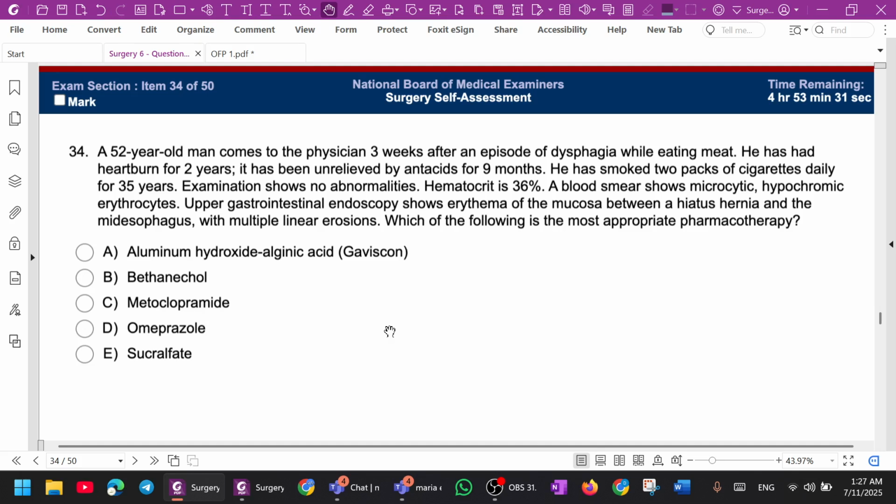Blood smear shows microcytic hypochromic erythrocytes. Upper GI endoscopy shows erythema between a hiatal hernia and the mid esophagus, with multiple linear erosions. Which of the following is the most appropriate pharmacotherapy?